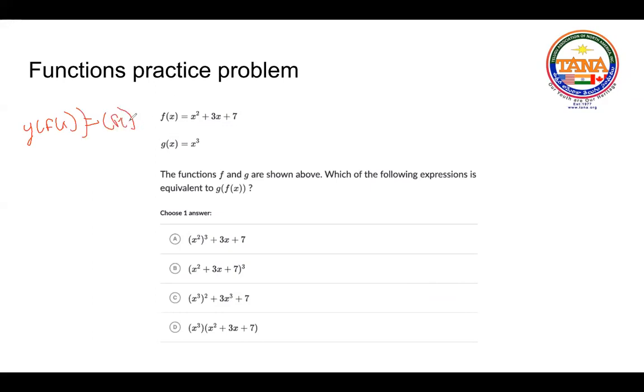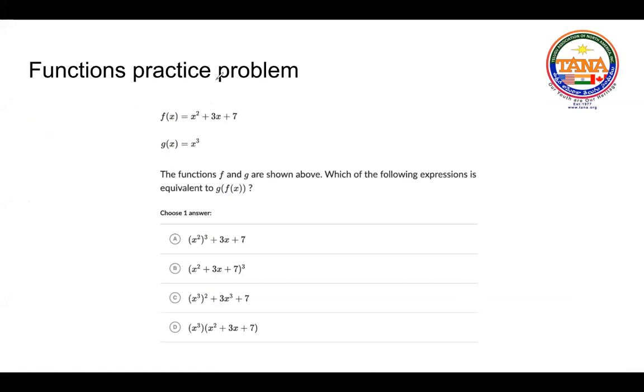So g of f of x equals f of x cubed plus 3 f of x plus 7, all of it cubed. And that is B. Does anyone have any questions about this? No? All right.